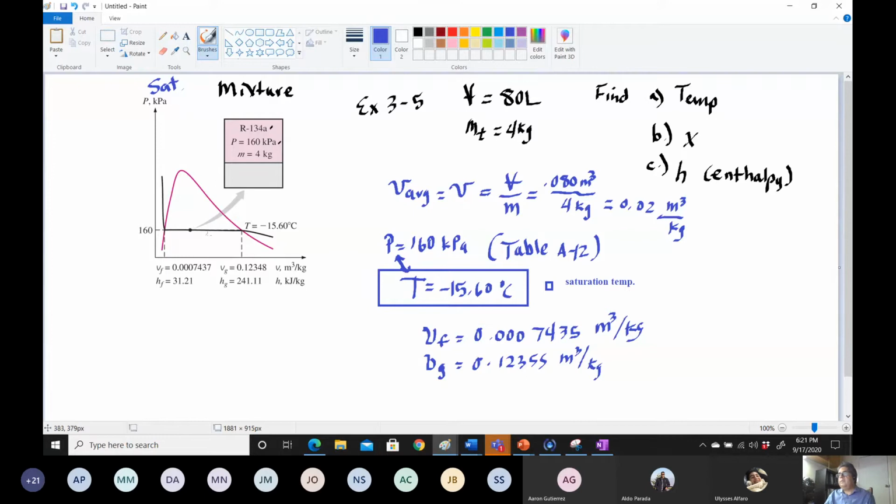I'm looking at the table, and I guess these notes were written for a section previous to this one. I believe I downloaded the most recent notes, so they probably haven't updated them. But notice how they have v sub g here as 0.12348, and I have it here as 0.12355.